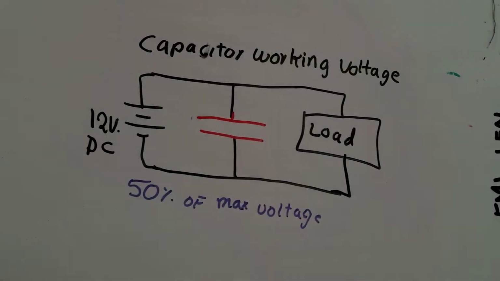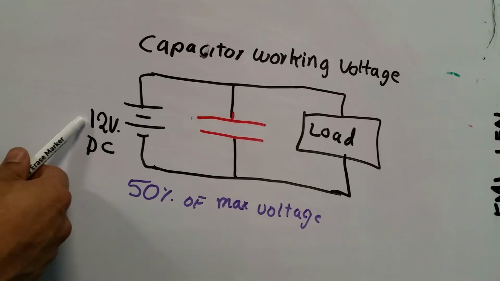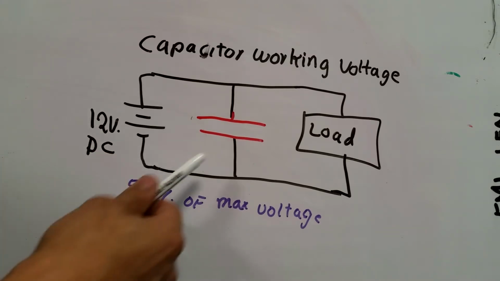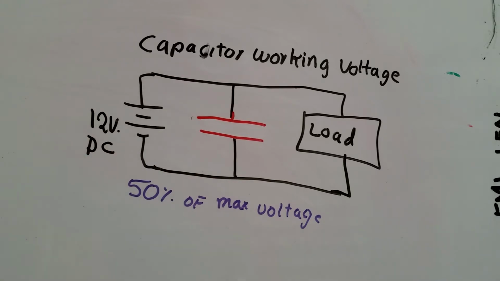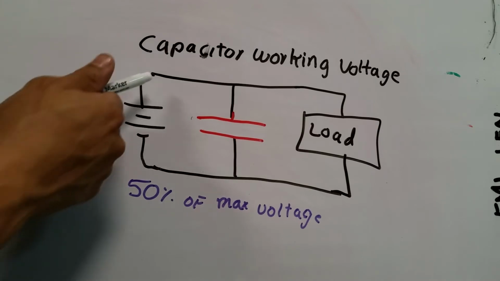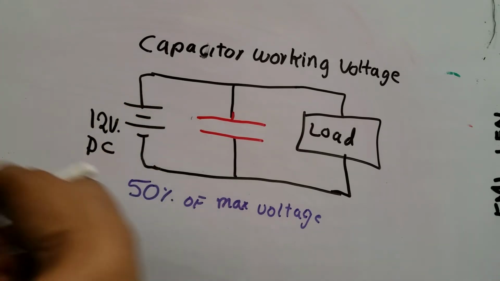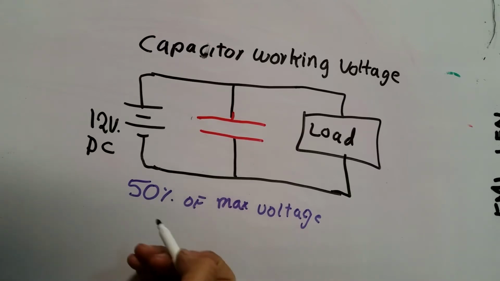Now let's talk about a capacitor's max working voltage. So here we have a battery, and we want to use a capacitor to smooth out the signal. Since we put 12 volts to the capacitor, we should go 50% above the max value.